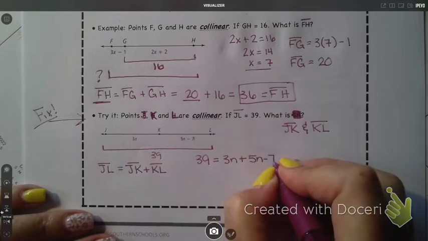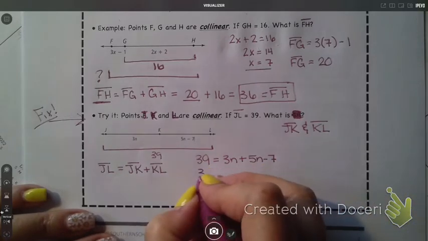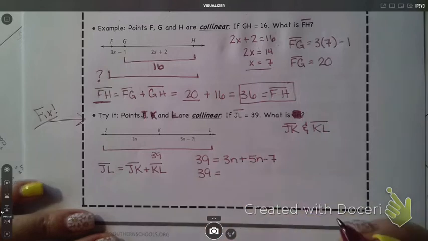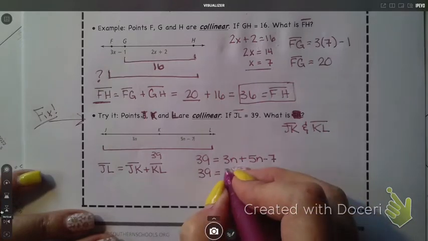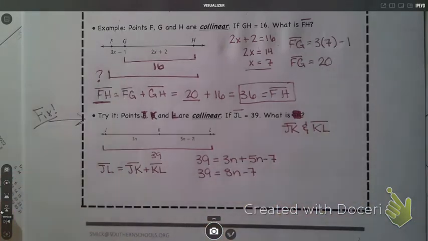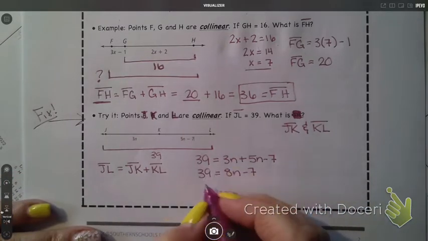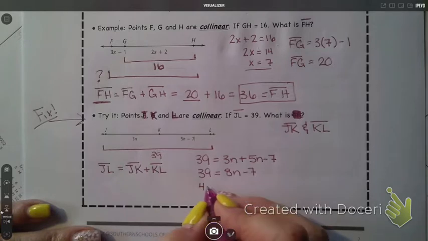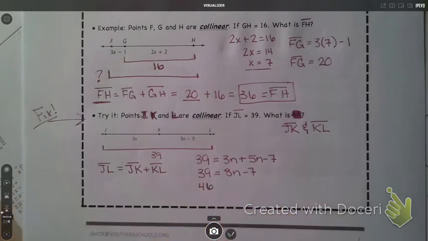So 39 equals 8n minus 7. Okay. You got to show me that. So add 7 and I get 46. Did I really mess that up again? How does it go evenly?